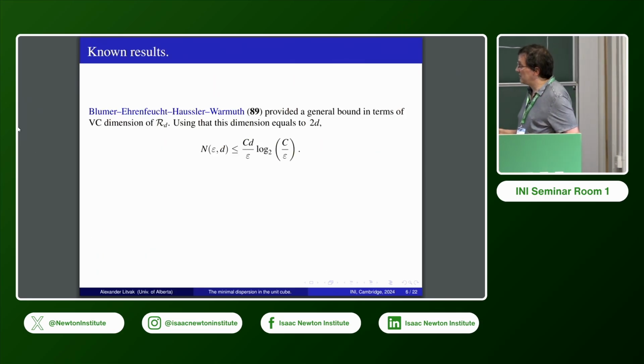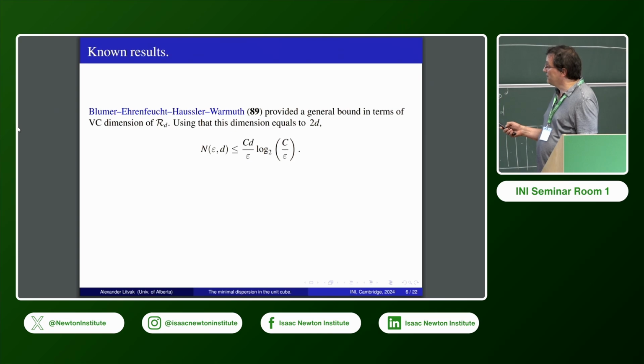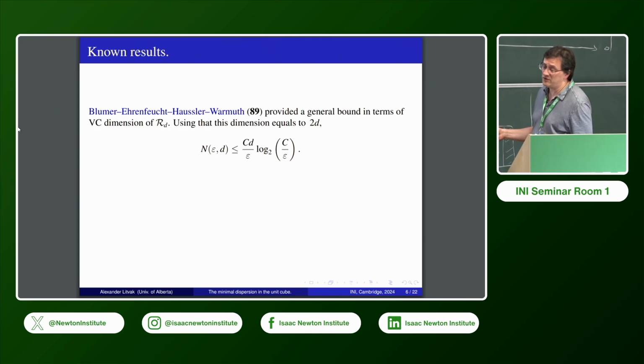There was an old paper by 4 authors which essentially implies such a bound. They had a much more general setting, and they gave a very general estimate for some learnability which can be applied to this problem, and their bound was in terms of VC dimension, which in our setting is 2d.